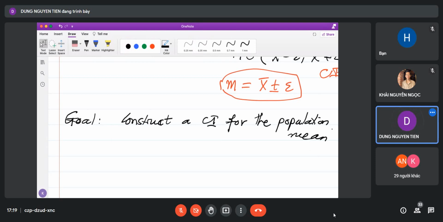You want to construct a confidence interval for the population mean. Is that clear, everybody?